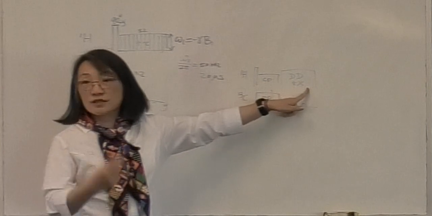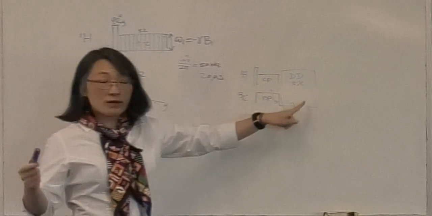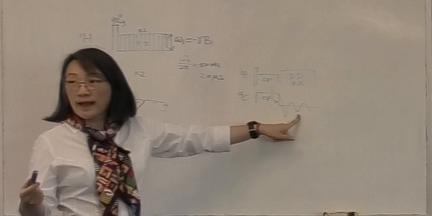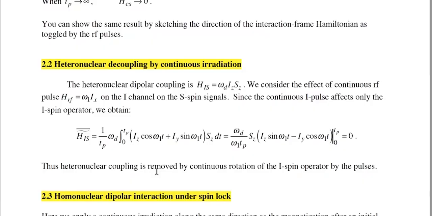Why does this continuous irradiation on a background channel remove the dipolar coupling to the spin that I'm looking at? We can answer that by using average Hamiltonian theory without too much trouble. Again, I'm not solving the full time evolution. All I want to think about is the average Hamiltonian, and I want to show that the average dipolar Hamiltonian is 0.